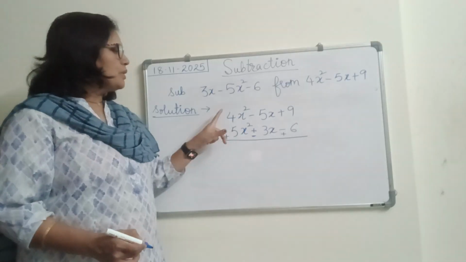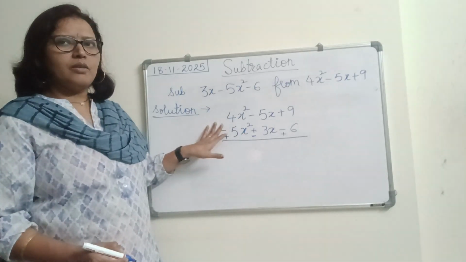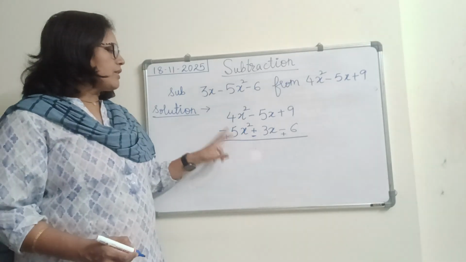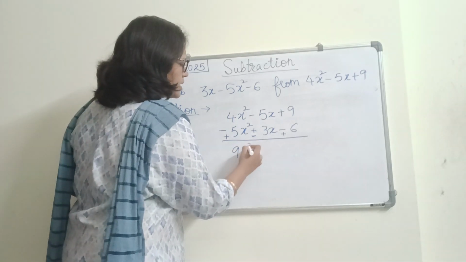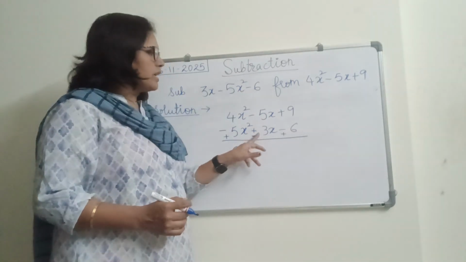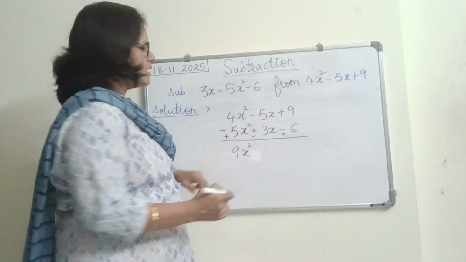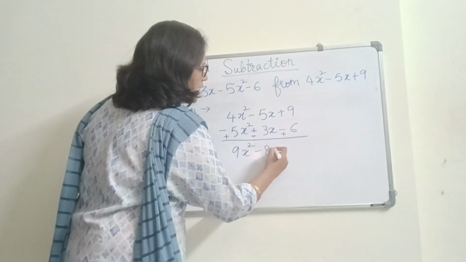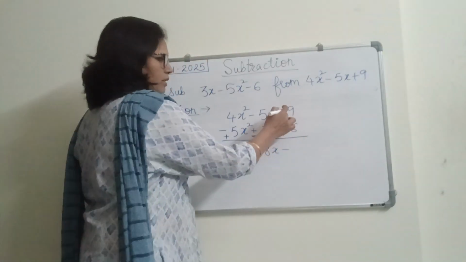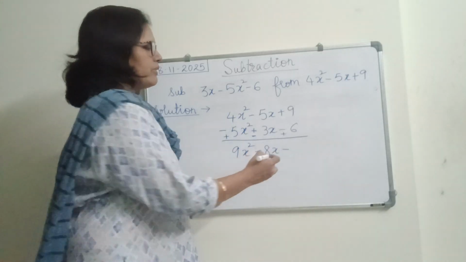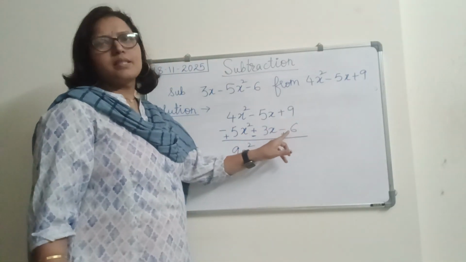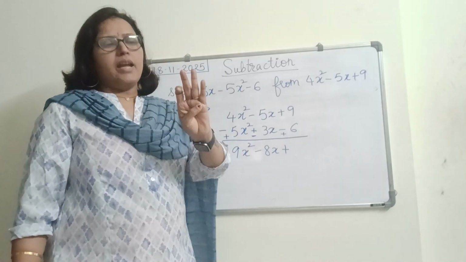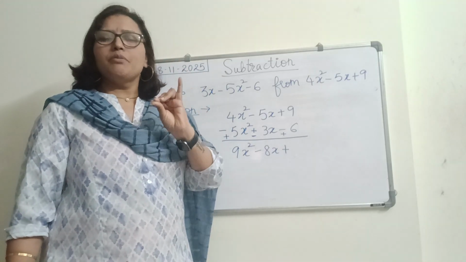Now plus 5, we will ignore the sign written earlier. So plus 5 plus 4, that is 9x square, minus 3 minus 5, that is minus 8x. Now here the bigger number is 9, so definitely the sign will come for the bigger number. 9 plus 6: 9, 10, 11, 12, 13, 14, 15.